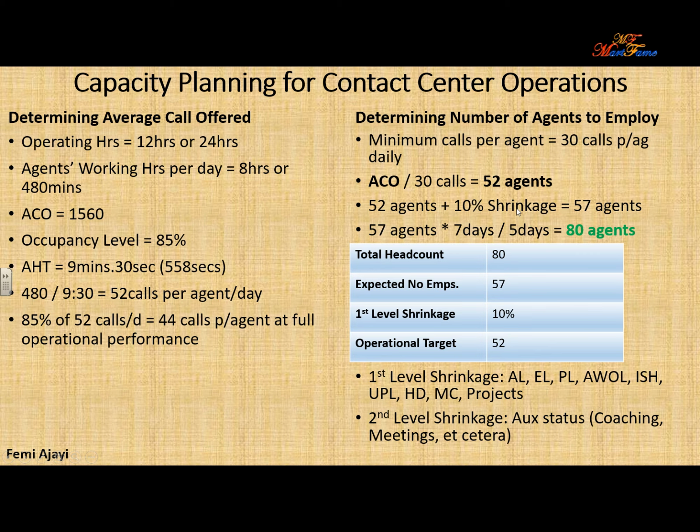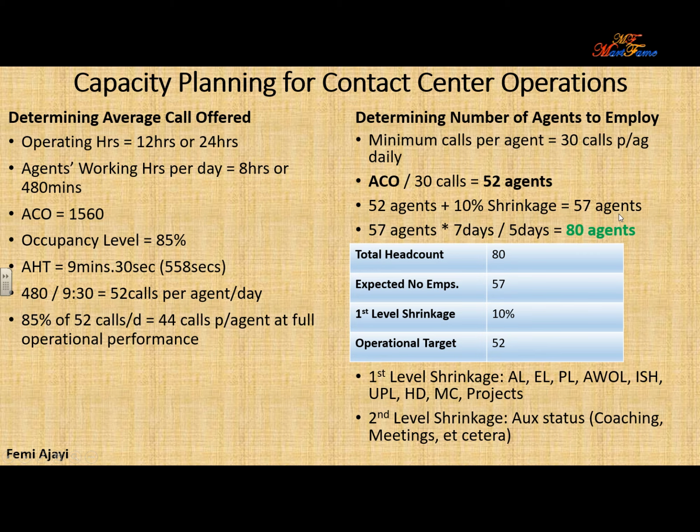Shrinkage means agents that would not be turning out for work, or would be taken over by different activities during the day. For example, those who will be on MC, annual leave, emergency leave, paid leave, and AWOL, or those who are not even completing their staffing hours. So in this sample, we can say 10% of shrinkage. We add on this 10% to the 52, that gives us 57 agents.